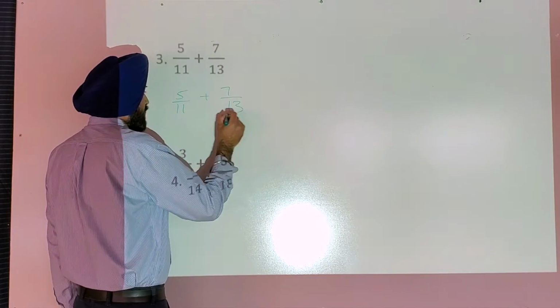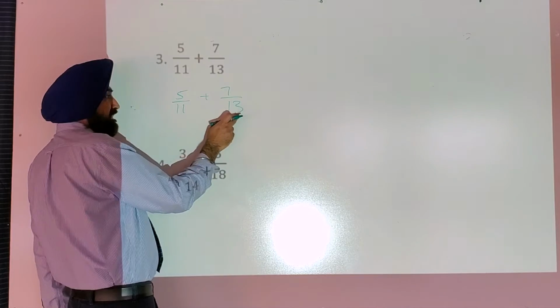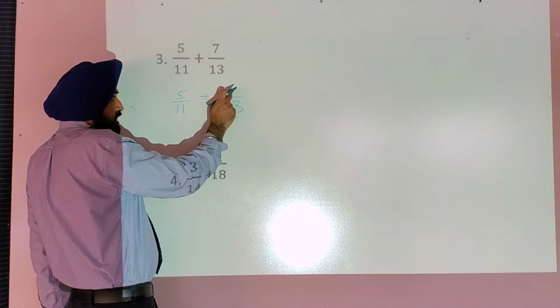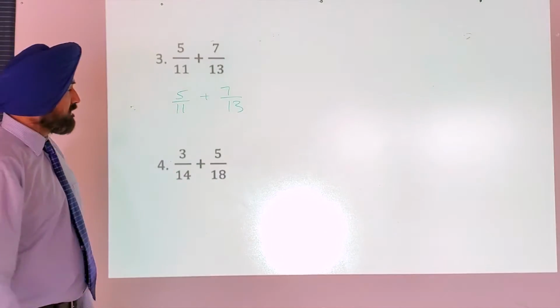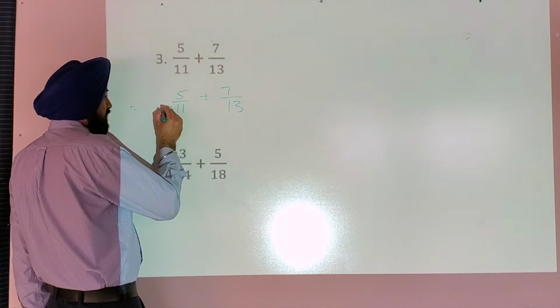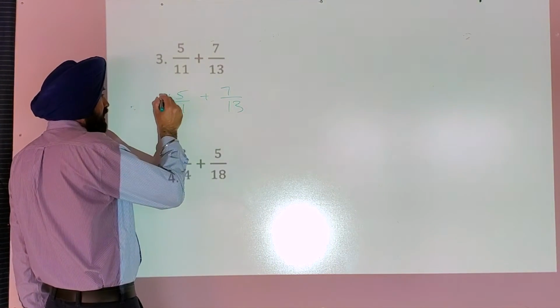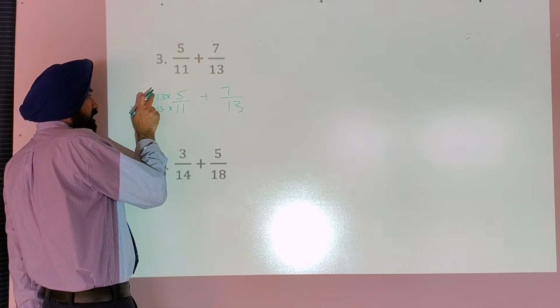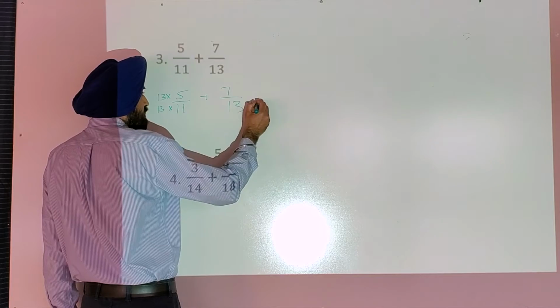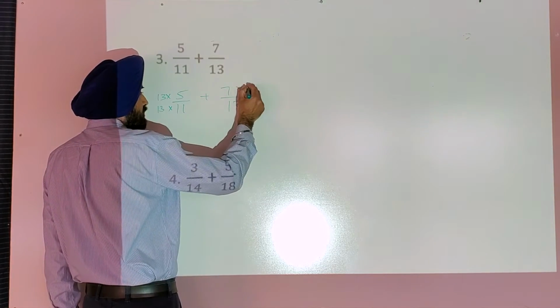If we multiply these two numbers with this denominator and these two numbers with this denominator, you will make the denominator the same. So we can multiply this by 13, this by 13, whatever you do at the bottom, the same thing you do at the top, and multiply this with the other denominator.